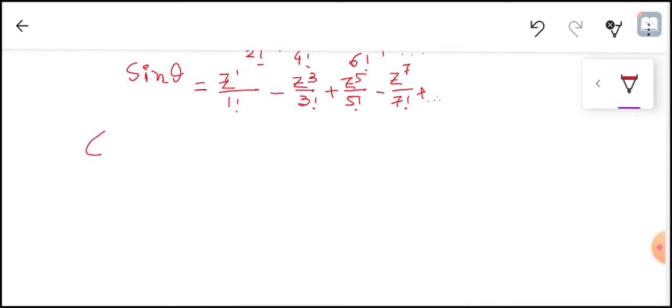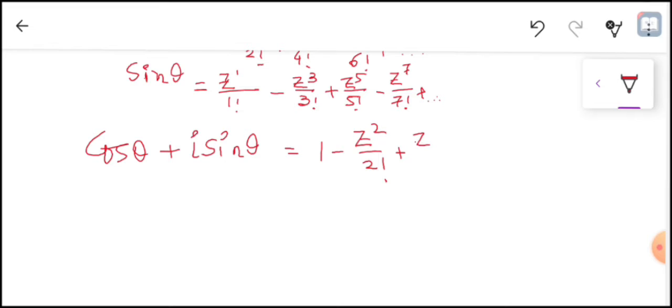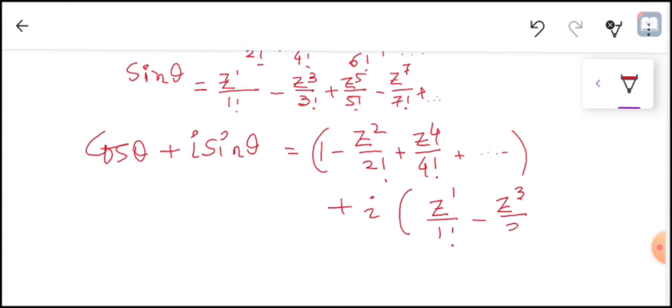Cos theta plus i sin theta means 1 minus z square by 2 factorial plus z to the power 4 by 4 factorial, and so on, plus iota times z to the power 1 by 1 factorial minus z cube by 3 factorial plus z to the power 5 by 5 factorial minus z to the power 7 by 7 factorial.